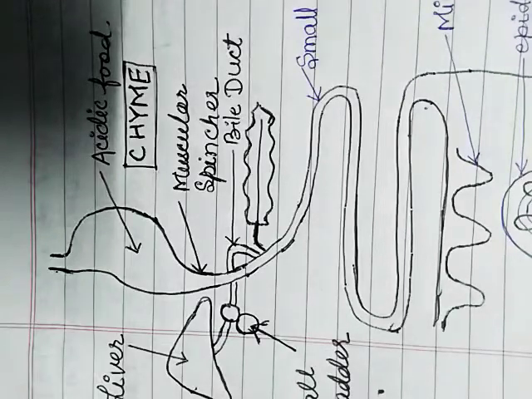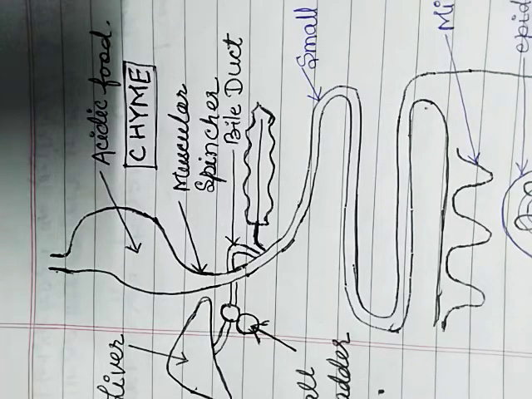In today's video, we are going to learn about the mechanism of digestion in our small intestine. As we know, the acidic semi-digested food which is in slurry form is present in the stomach and is known as chyme.